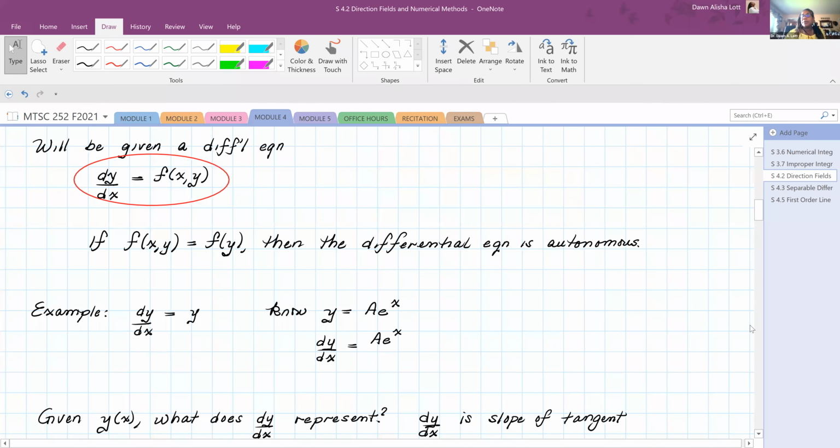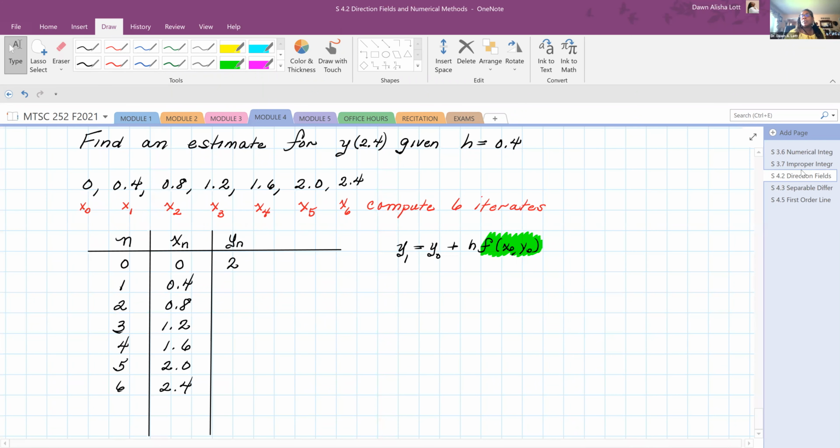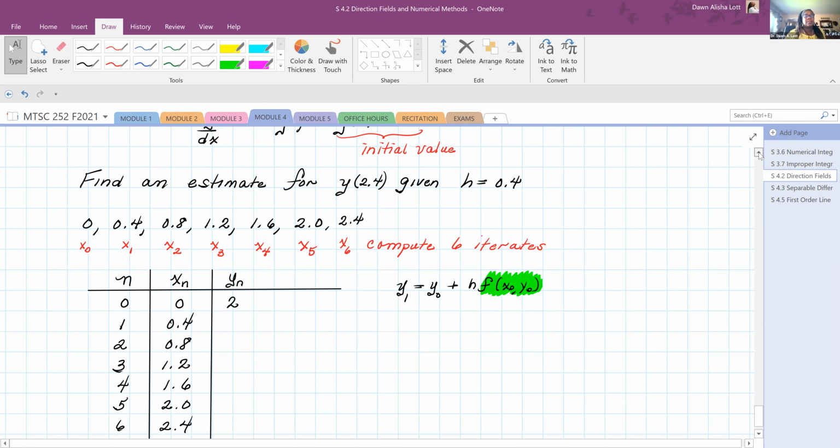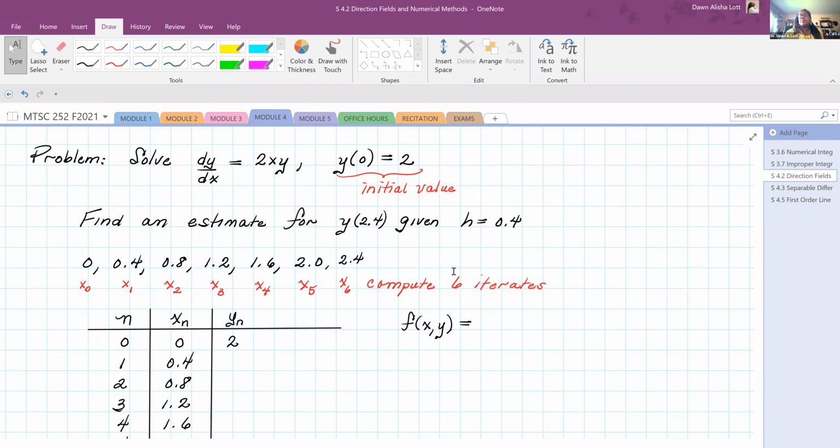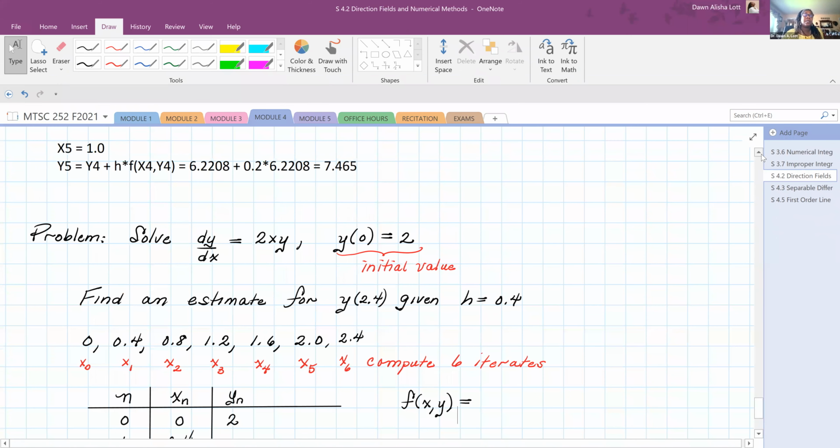Let's come down here to my problem. dy/dx is equal to 2xy. What is f of x, y? Come on, people, are y'all paying attention today?